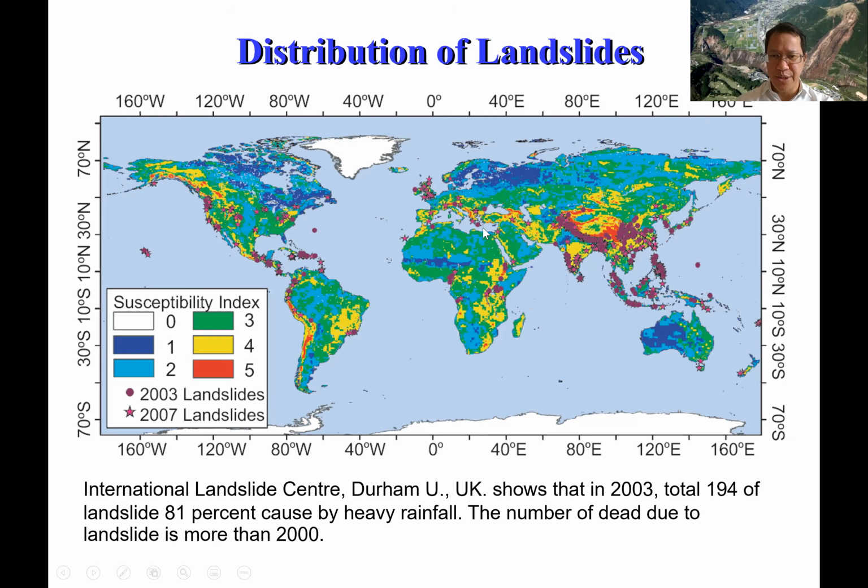But if you look closely and you have learned about plate tectonics, you can see that the landslides lie along the plate boundaries, because that is where the earth's crust moves and crashes into each other.